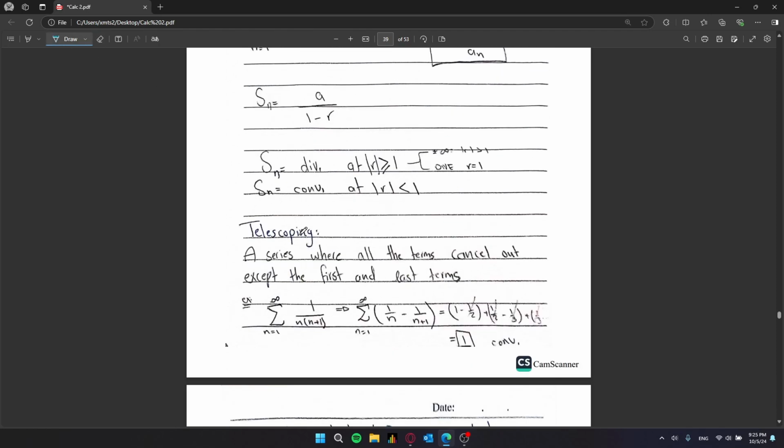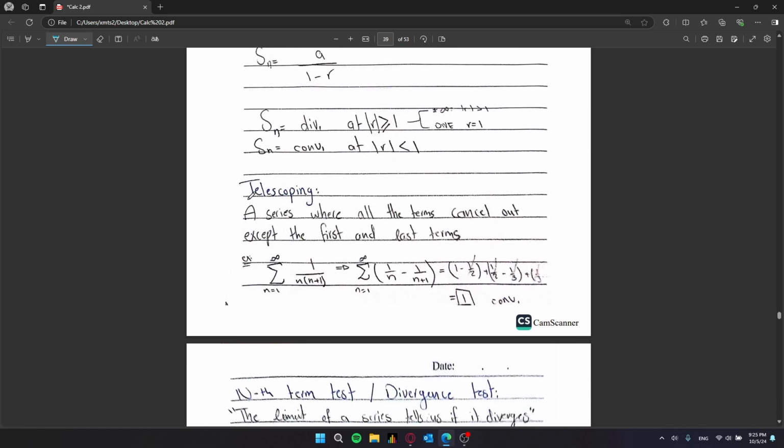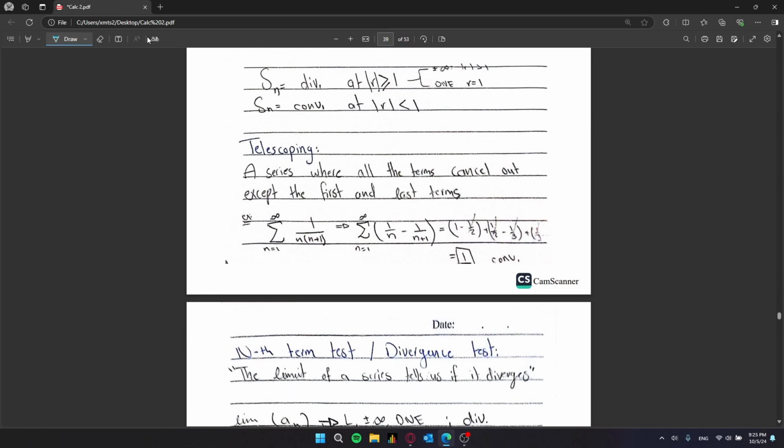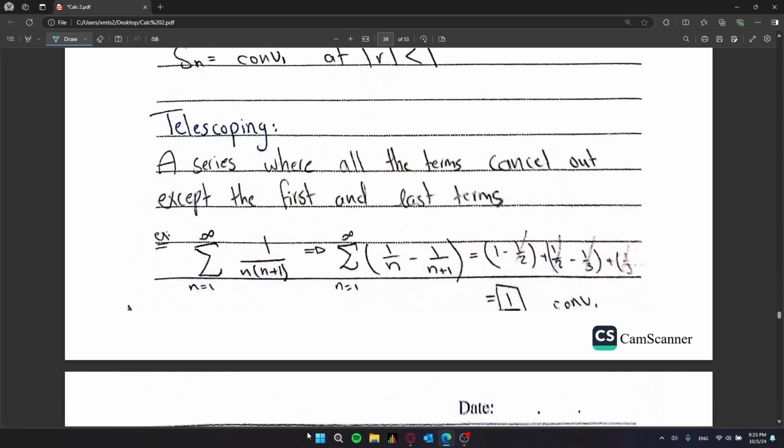Now, what is a telescoping series? A telescoping series, I genuinely don't know why it's called telescoping, but it is just a series in which all of the terms cancel except for the first term and the last term. So you're going to have it in this case, let's zoom in here: 1 minus half plus half minus a third plus a third minus a fourth plus a fourth minus a fifth.